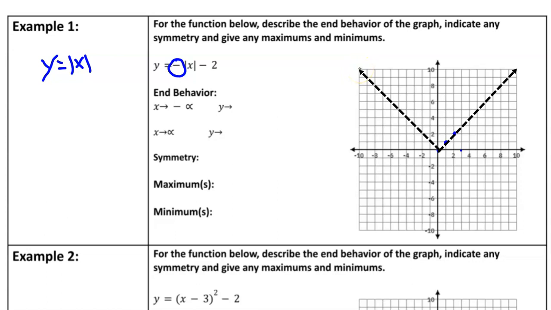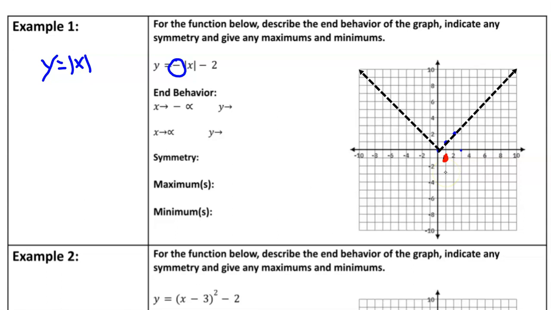And then I'm going to reflect it, because of the negative, I'm going to negate the y's, which means I'm going to reflect it over the x-axis, and then I'm going to move it down 2 units. So when I reflect, this point here will be here, and then I'll move it down 2 units. So it's going to be here, and I'll move it down 2 more units.